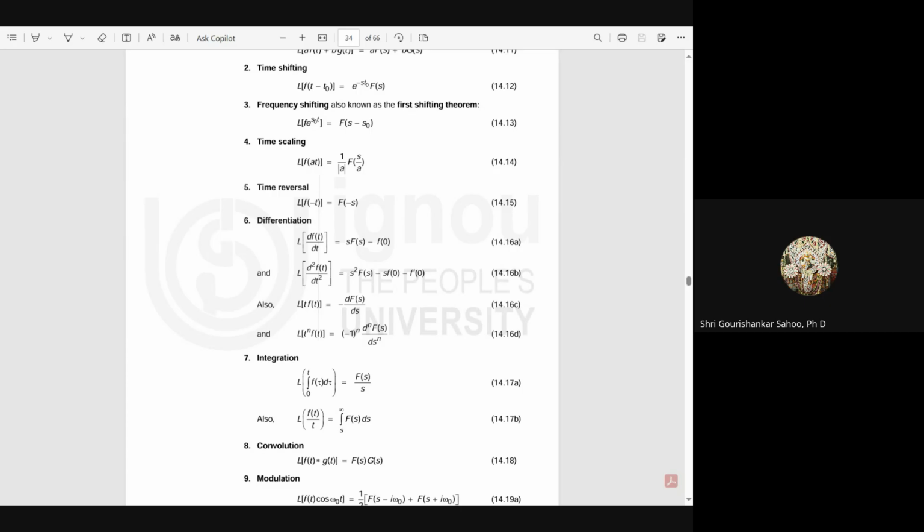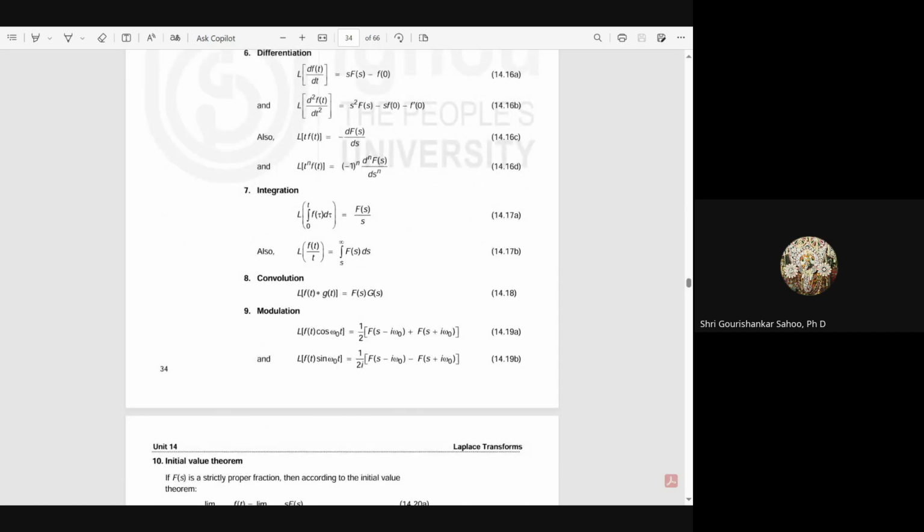Differentiation, integration, convolution: L[f(t) convolved with g(t)] is equal to F(s) G(s). Modulation: L[f(t) cos omega0 t] is equal to half of F(s minus i omega0) plus F(s plus i omega0).